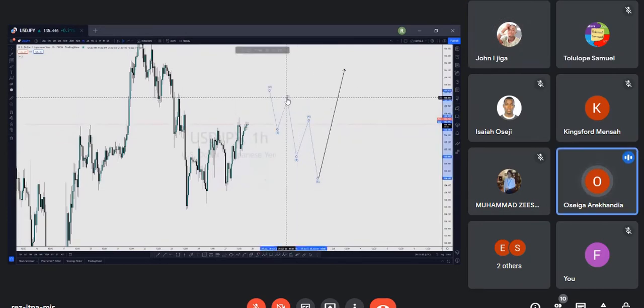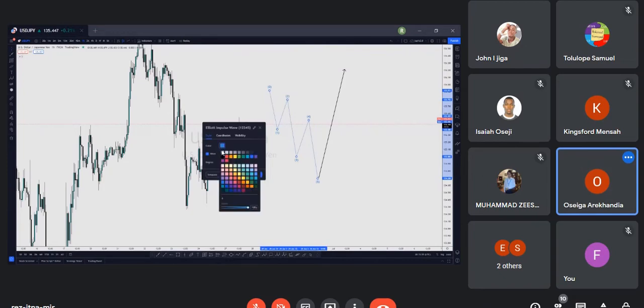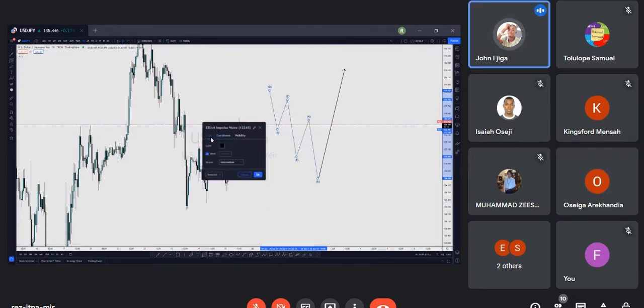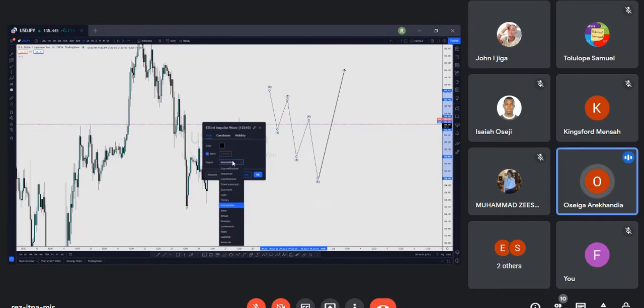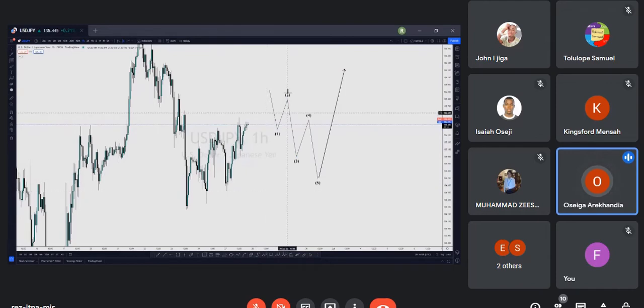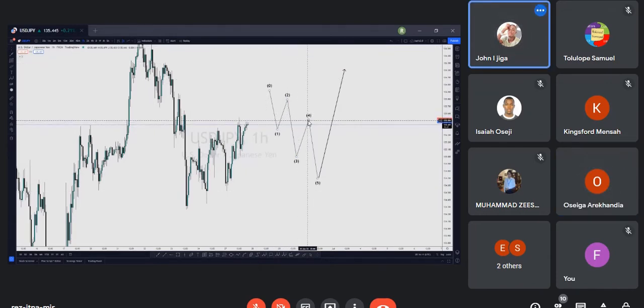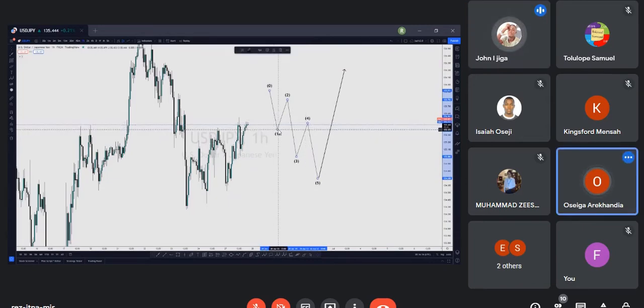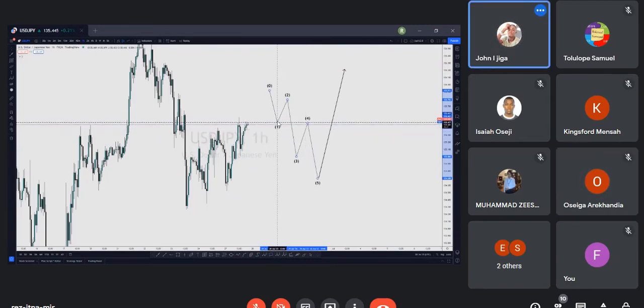No, it's not, because 4 moved into the region of 1. That's correct, that means it's invalidated. It's not correct.